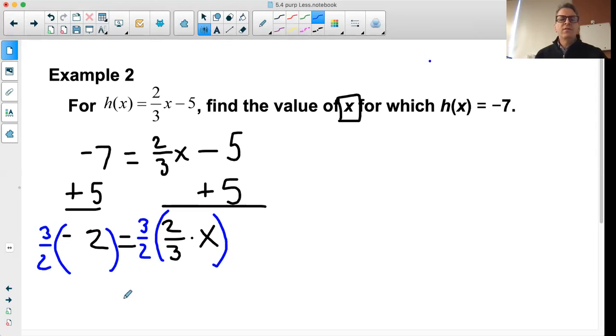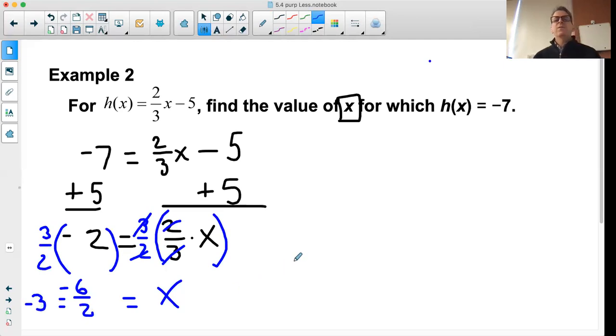So the reciprocal is your friend here, and it eliminates the fraction. Cancels, cancels, and all you are left with is x equals 3 times -2, which is -6, divided by 2, which is equal to -3, for example 2.